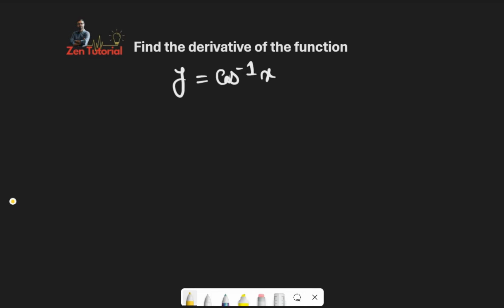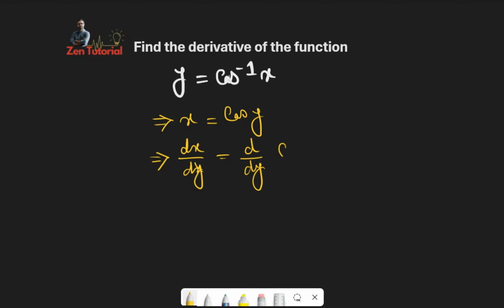In this second problem, we have to differentiate the function y equals cos inverse x. Here, the same way, we can write x equals cos of y. Now differentiate both sides, so we can write dx over dy equals d over dy of cos of y, because here the variable is y, that's why we differentiate both sides with respect to y.